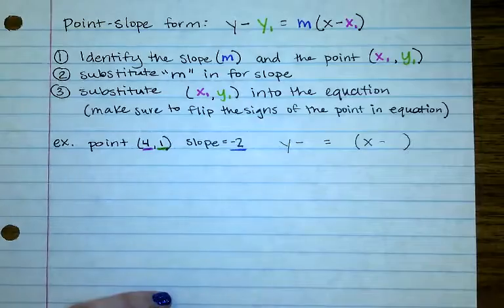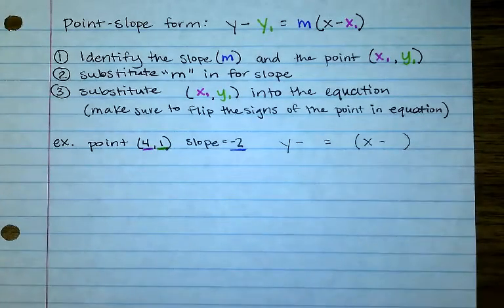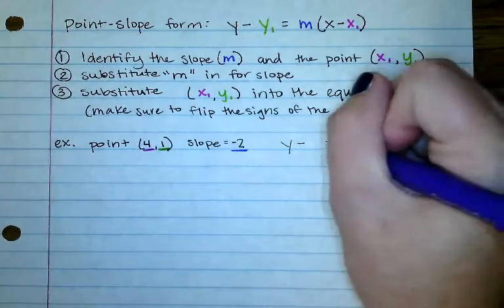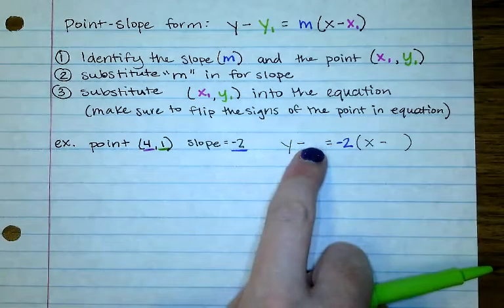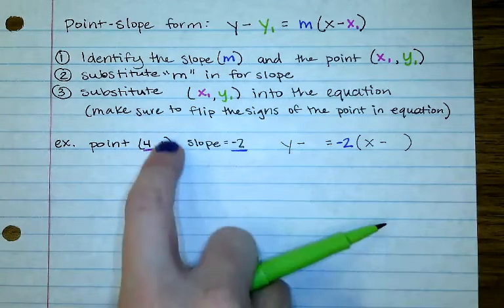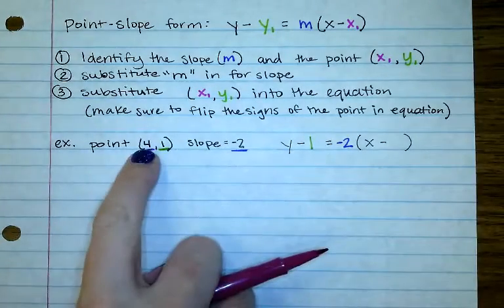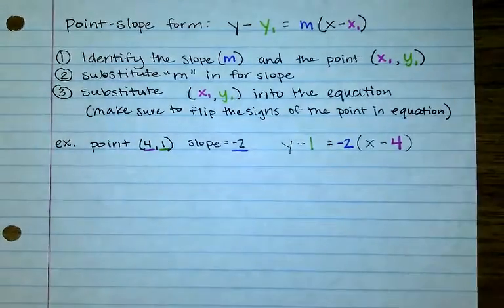The first thing I can do is, what is my slope? Can I plug in my slope? Absolutely. That's going to be a -2. Now I want to plug in my points. What is my y point? It is 1. So that just becomes y minus 1. What is my x point? 4. So that becomes x minus 4. That's it. You take it and you plug it into the equation.